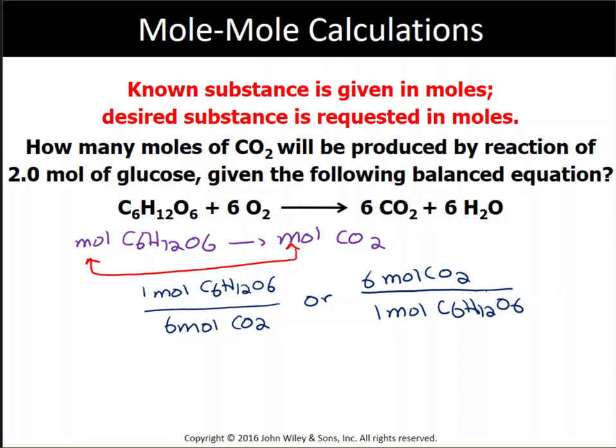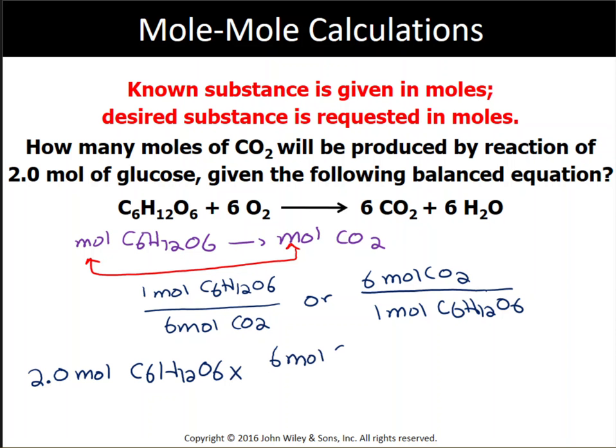Now, starting with what's given to me, which is the moles of glucose, we have 2 moles of glucose. I want to choose the conversion factor in which moles of glucose cancel out, and I want to end up with only moles of carbon dioxide. So I'm going to use the second one.